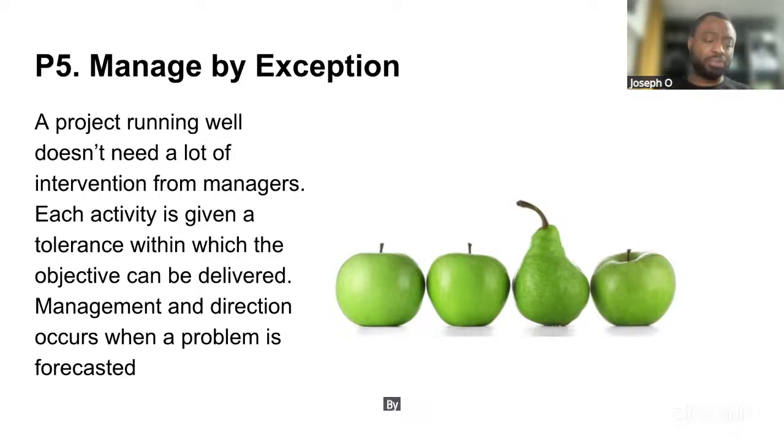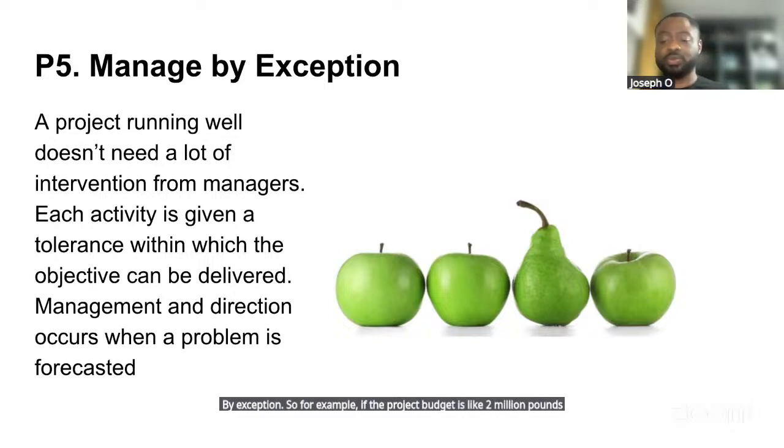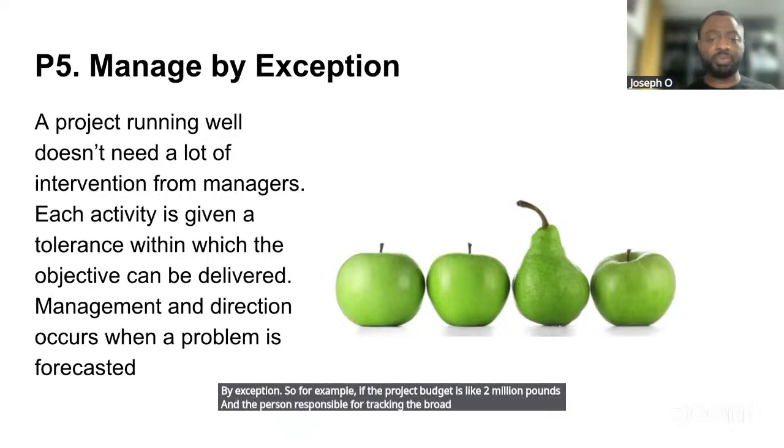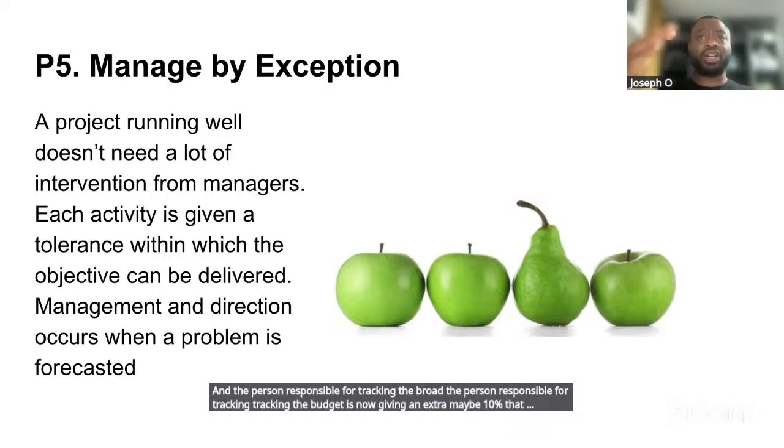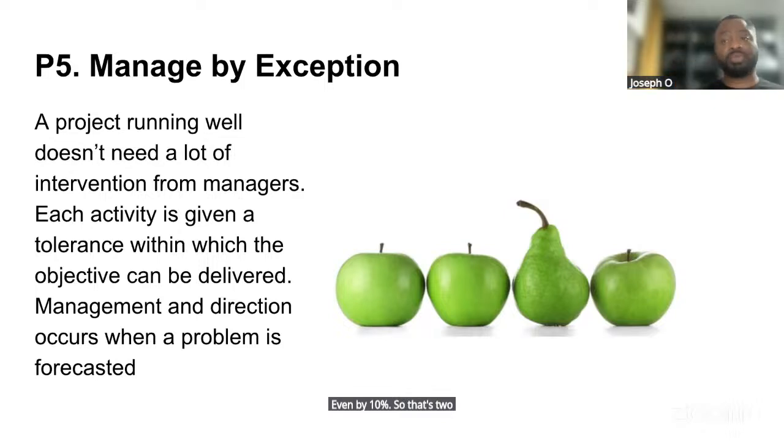So, for example, if the project budget is £2 million and the person responsible for tracking the budget is given an extra maybe 10%, that everything is fine and you can go over even by 10%. So that's about £2.2 million.